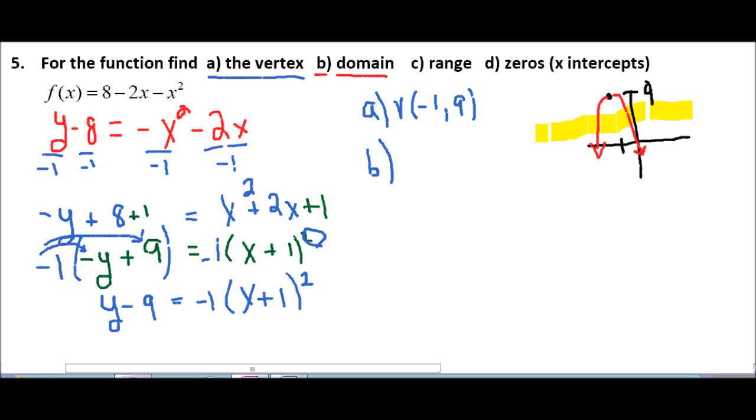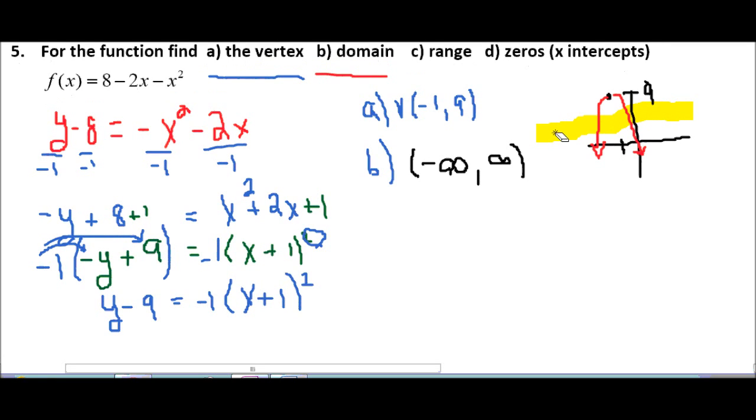So your domain is negative infinity to infinity. That is actually the domain for every parabola that opens up or down. Remember I said we're not going to be talking about, whoops, I erased my whole graph.